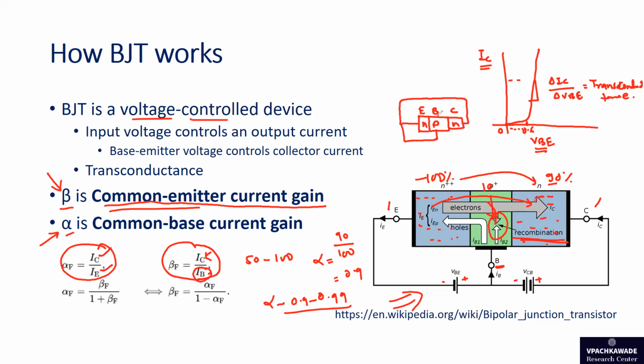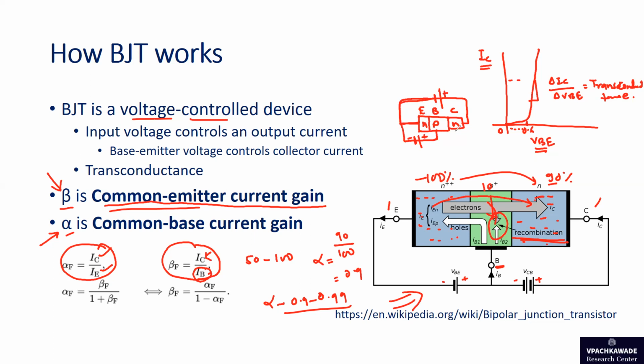Again, the emitter base junction should be forward biased, so apply the positive voltage to the P and negative to the N. And for the collector base, make it reverse biased, so the N gets positive and the other side gets negative here.